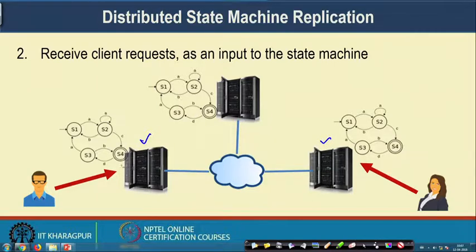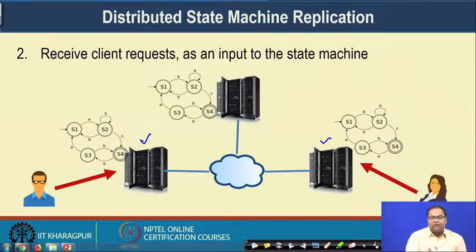Here you will reach a state that Bob has transferred the money, here a state that Alice has transferred the money, but collectively you have to ensure that all 3 servers reach a state after a certain time that both Bob and Alice have transferred their share of the money.